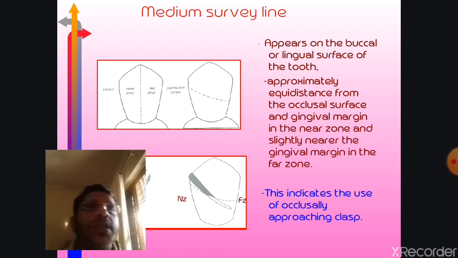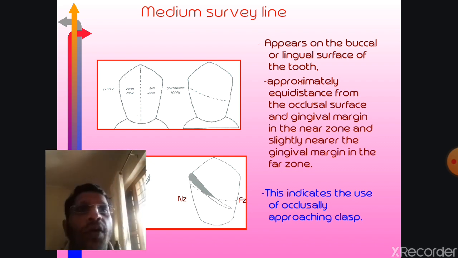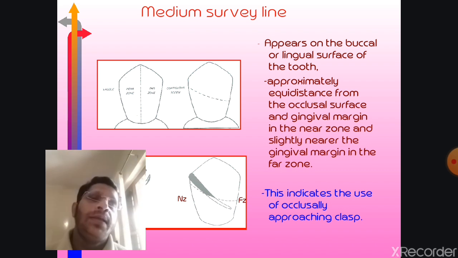That is the keyword with the medium survey line. And usually in this case we go for an occlusally approaching clasp. So the design of the clasp is basically dependent on the type of survey line which you are getting after surveying.